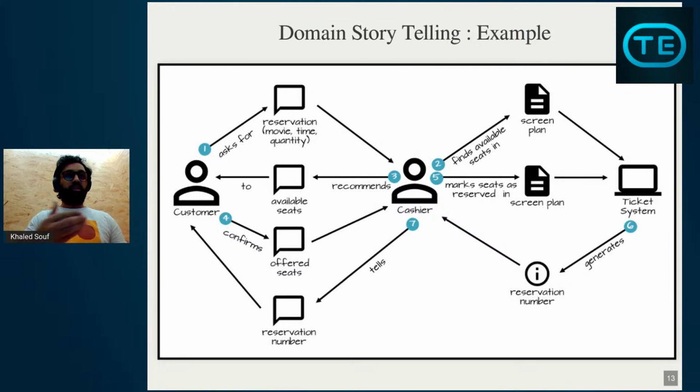And the customer is going to confirm the offered seat to the cashier. From there, the cashier is going to make a reservation for the customer, and he's going to transmit that reservation number to the customer. This is how domain storytelling works.